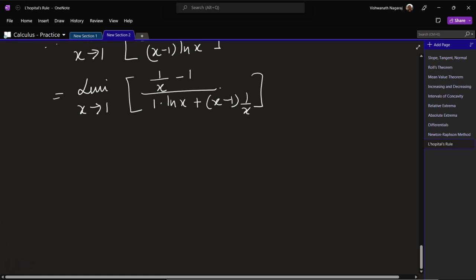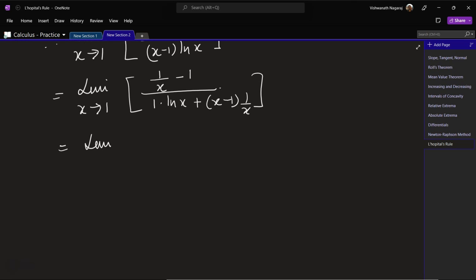Let's simplify this. Limit as x approaches 1 of (1 minus x) by x, divided by, let me write it in this way, natural log of x plus (x minus 1) by x.